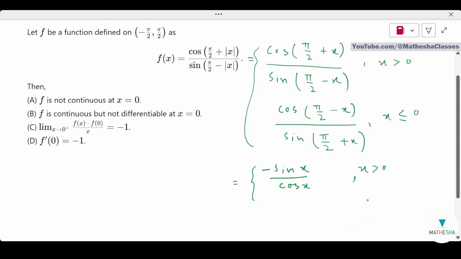and when x is less than or equal to 0, it is cos of (pi by 2 minus x), that means sin x, upon sin of (pi by 2 plus x), that means cos x. So sin x by cos x.